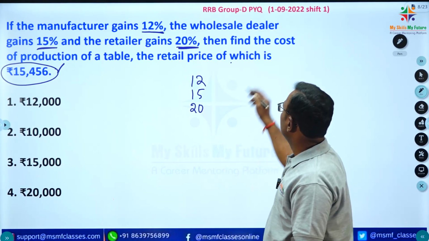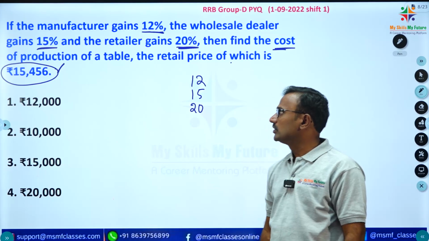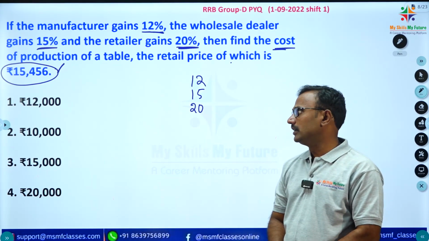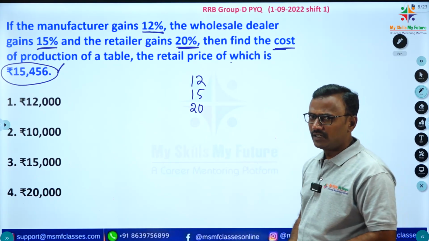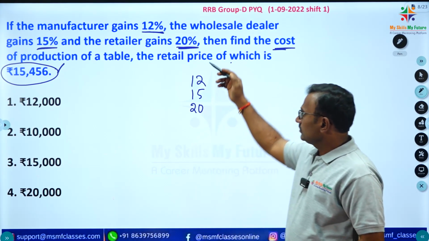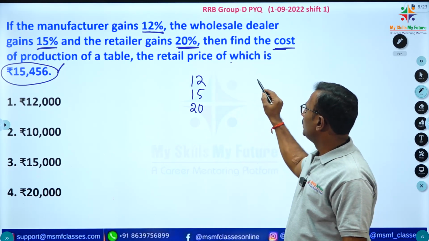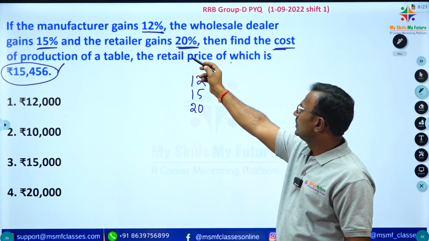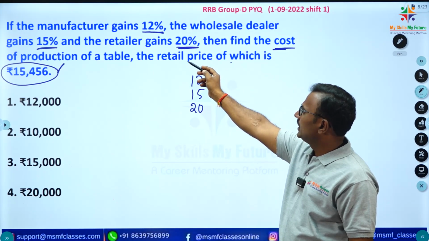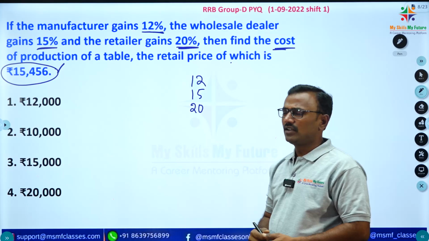We need to find the cost of production of the table. So we can use 112% of cost of table into 115% into 120%. Okay, so it takes a lot of time.